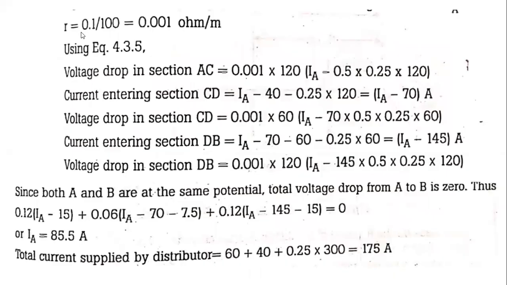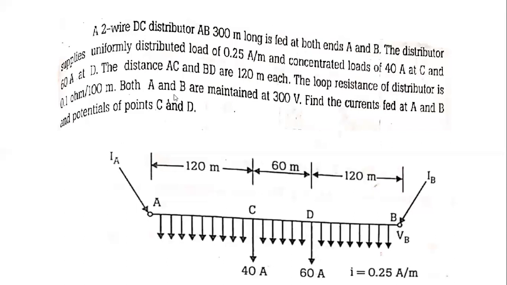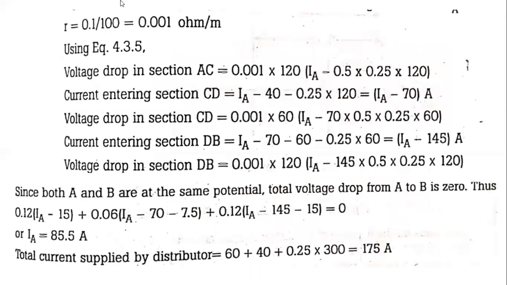First we calculate the resistance. The resistance is 0.1 ohm per 100 meters, which is equal to 0.001 ohm per meter. Next, we calculate the voltage drop in section AC. What is the voltage drop formula?